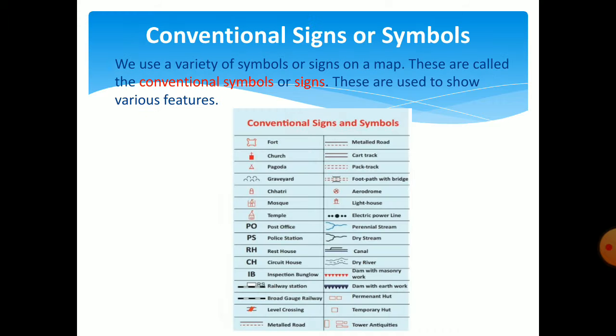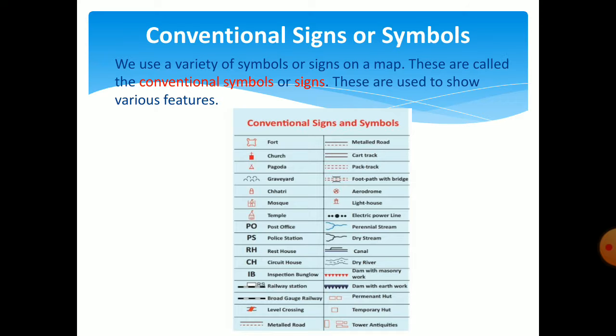Then along with the color schemes we use different signs or symbols also to show the various features. So which signs and symbols do we use? See, we use a variety of symbols or signs on a map. These are called the conventional symbols or signs. These are used to show various features.